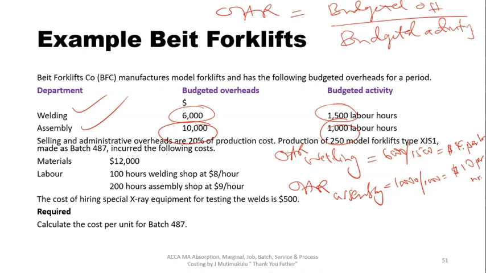Okay, now let us compute the total cost for batch 487. Remember that the batch number is 487. The way we discussed in job costing, every job is given a unique number. Similarly, in the batch costing system, we are also going to give each batch a number. All right.